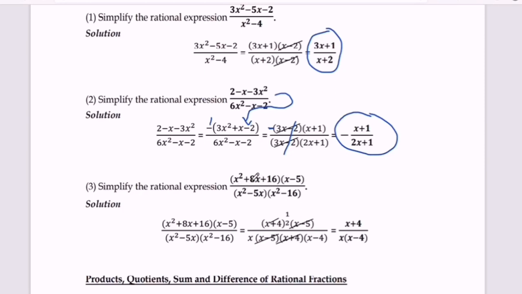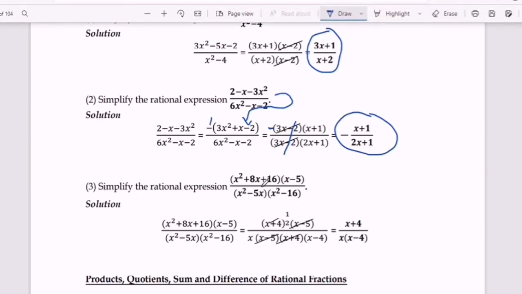For x squared plus 8x plus 16, we know that the factor for it is x plus 4 squared, and then x minus 5 we just copy. So here is the factor for x squared plus 8x plus 16.